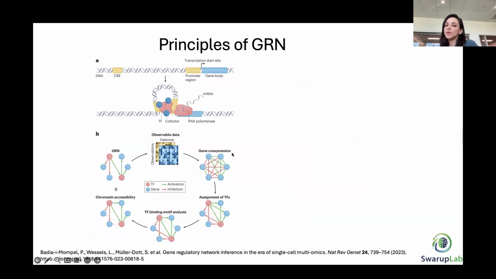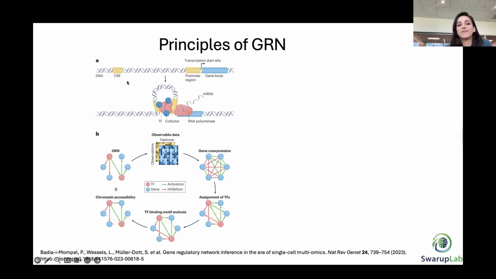This takes us to the principles of gene regulatory networks. And why do we care about these? Because a lot of the data that we have is just single cell RNA expression data, which, as we know, is when the mRNA is being made from a gene. However, there are other modalities like the ATAC-seq data, which helps us know the open chromatin structure that helps us build a better network for our gene expression data.